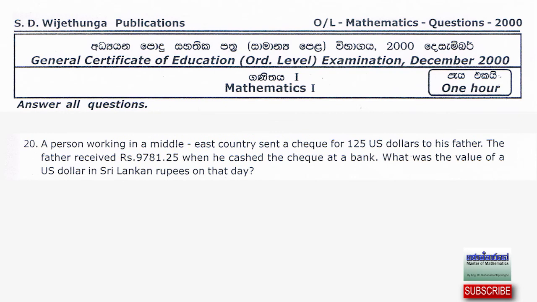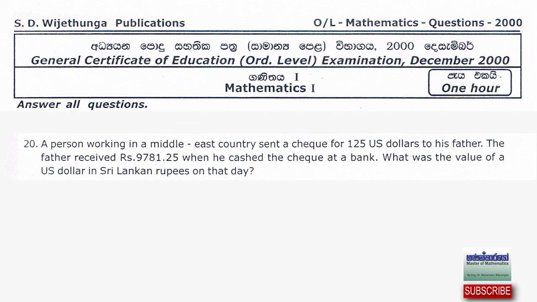Question number 20. A person working in a Middle East country sent a check for $125 to his father. The father received rupees 9,781 and 25 cents when he cashed the check at the bank.